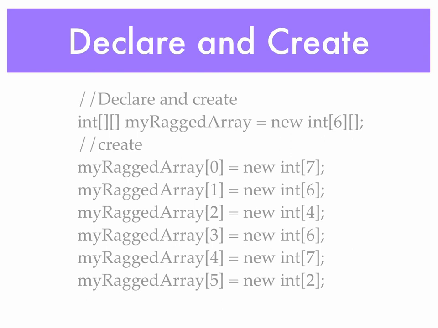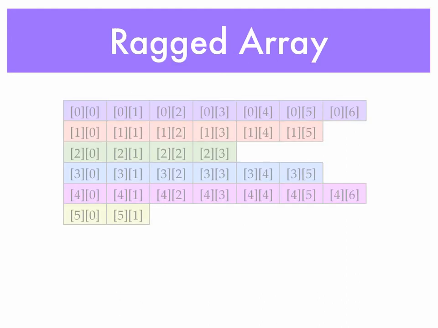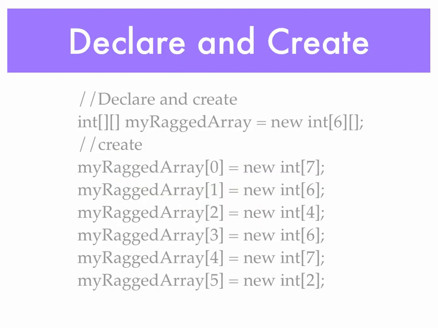So with these 6 lines, I'm actually creating the individual rows of my ragged array. And after I execute those lines, that's what I'll have. This ragged array, different lengths to each row. All right, so I'm declaring and creating. I declared my overall array, my number of rows, with that new int[6], and then with the next 6 lines, each one of those specific rows.